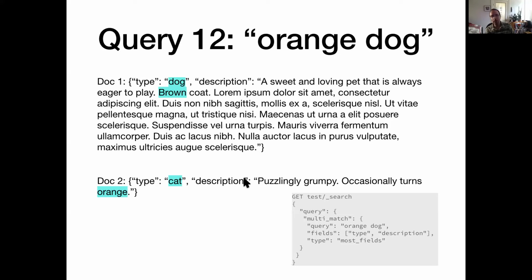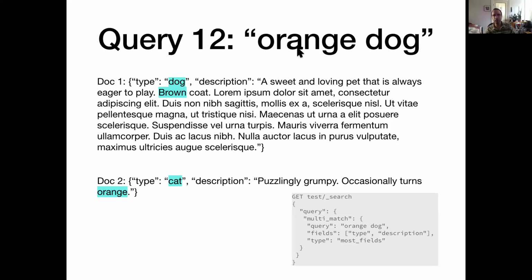Document 2 has a description that's significantly shorter, and it contains the term orange. But you might notice that even though this description field is shorter in document 2 than it is in document 1, it's still longer than the type field.